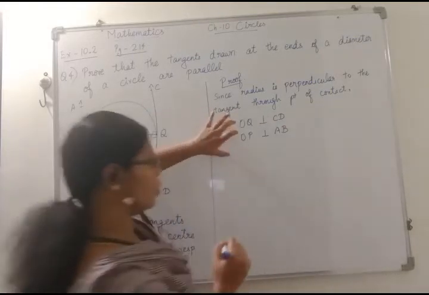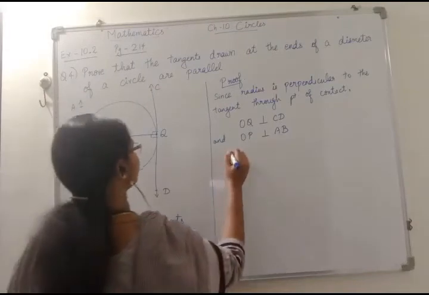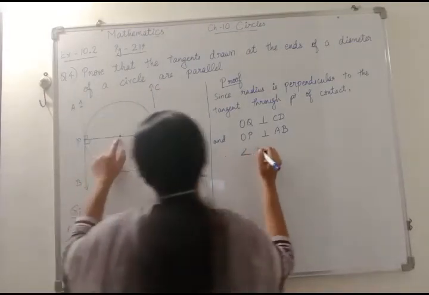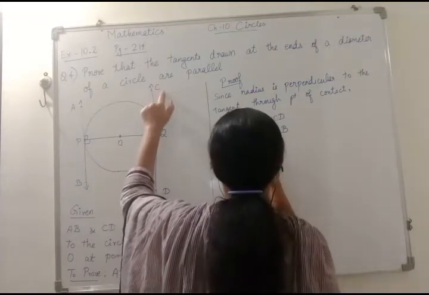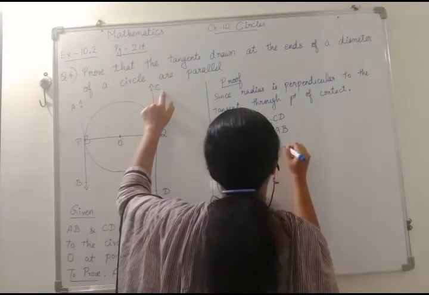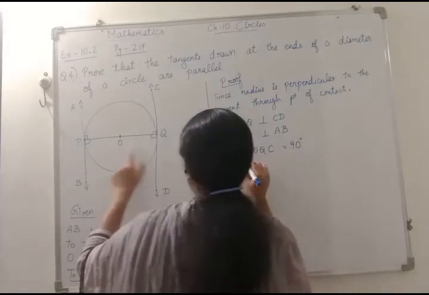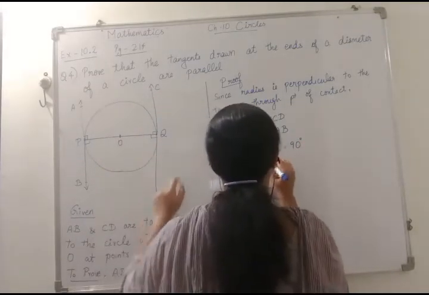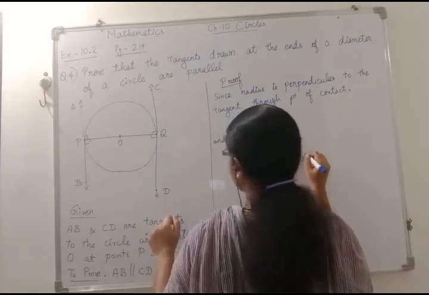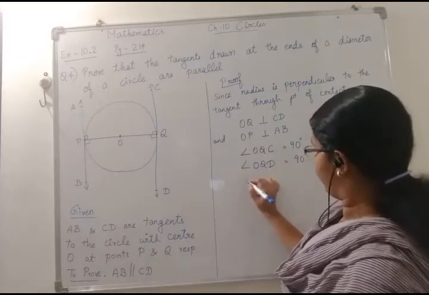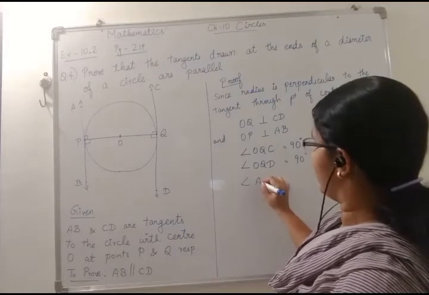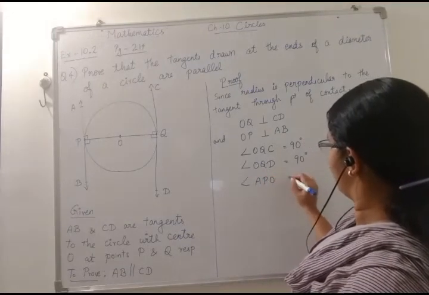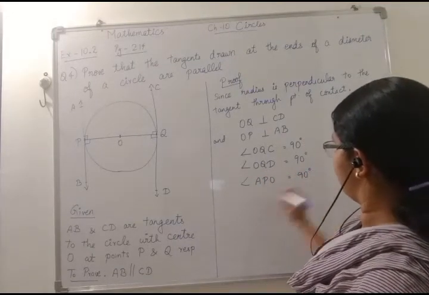We can write them together. Perpendicular means angle OQC is 90 degrees. Angle OQD is also 90 degrees. Angle APO is 90 degrees.